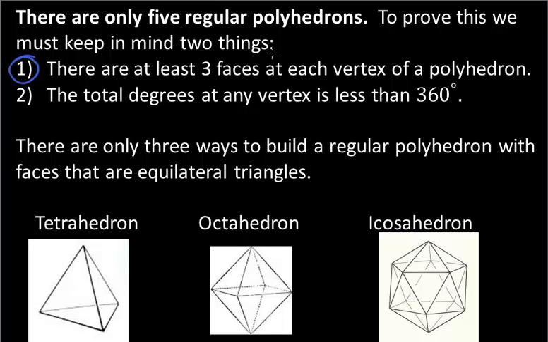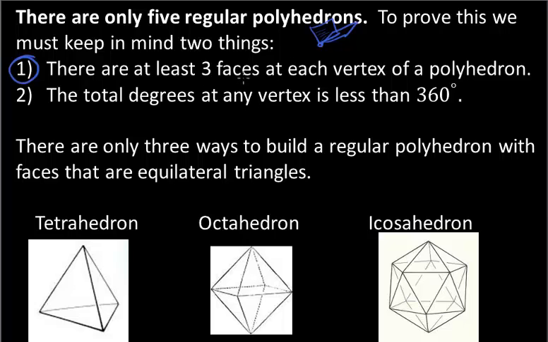If you had 2 faces, we could have one face coming like this and maybe another face like that, but you've got to have something fill in here. You'd have to have another face in order to make this the vertex of a polyhedron.